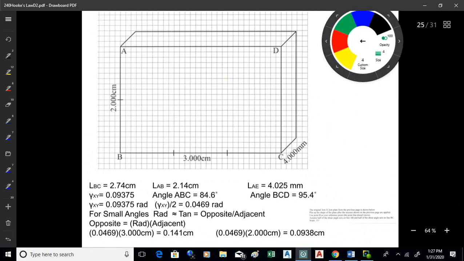Let's start with C. Now what's going to happen to BC is it's now going to be 2.74 centimeters long, okay? It's not 3 centimeters long anymore. We calculated it on the previous page. It's 2.74. Well, that means it's right about there. It's gotten shorter.